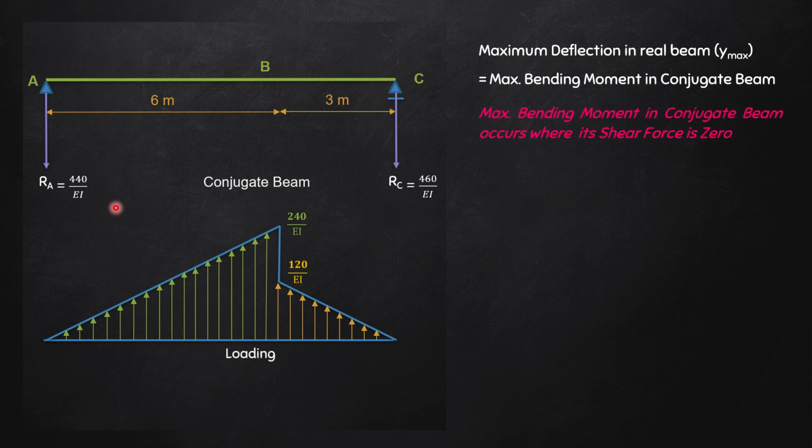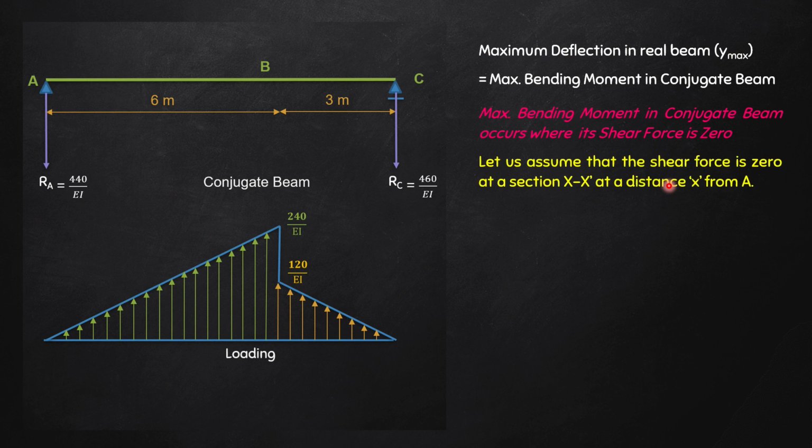So if we can find out in the conjugate beam where shear force is zero, then we can easily find out the maximum deflection in the real beam. So let us assume that the shear force is zero at a section xx dash at a distance x from A. Please see this diagram.